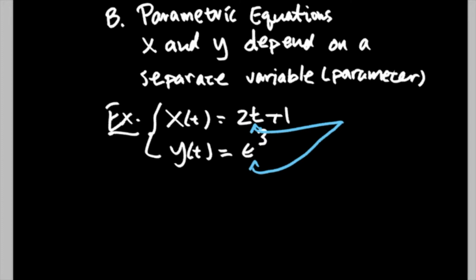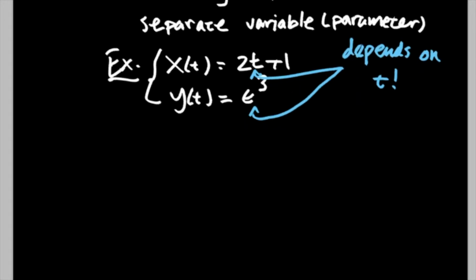So x and y depend not on each other, but rather on this parameter called t. As t varies, so will x and y, and that's how we'll get our coordinates using each of those t's. So the question is, how are we going to even start this then?